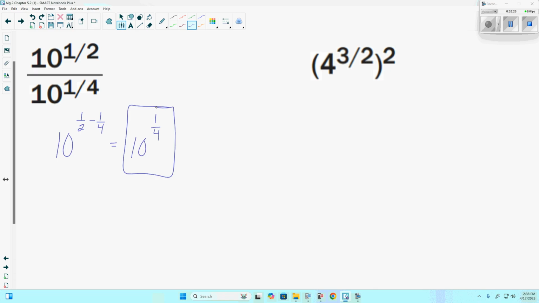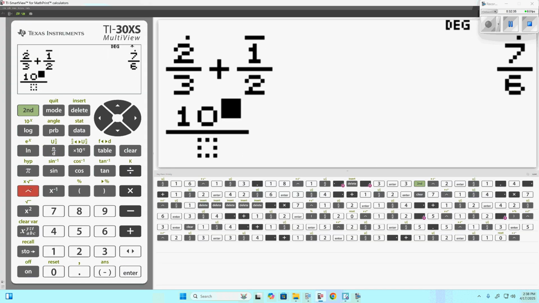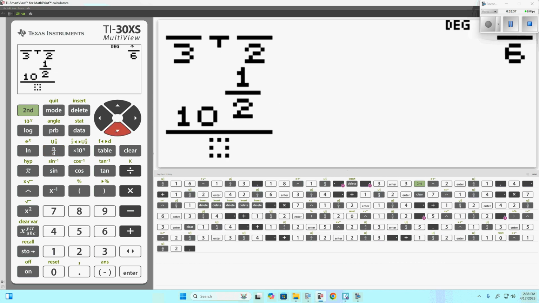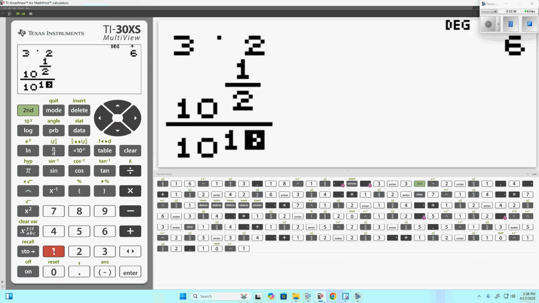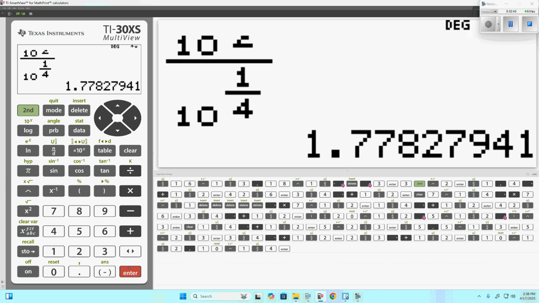It's irrational. Now I did show this earlier, because what we started out this problem with is 10 to the 1/2 over 10 to the 1/4, and we get this number here.